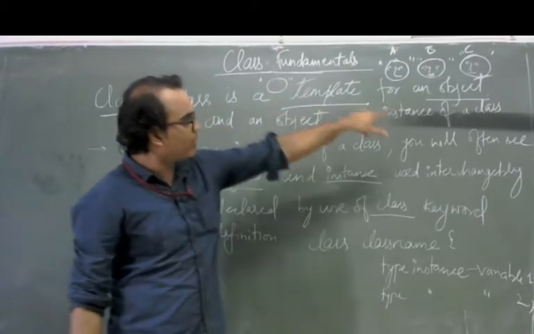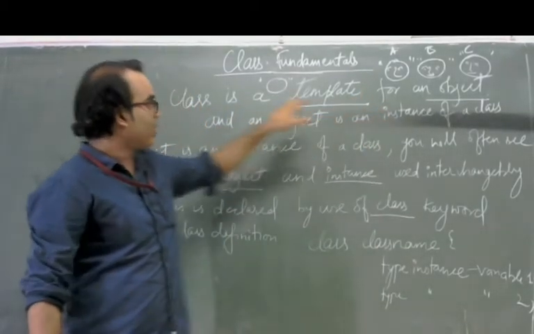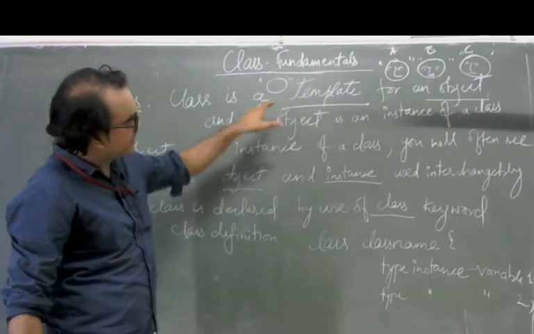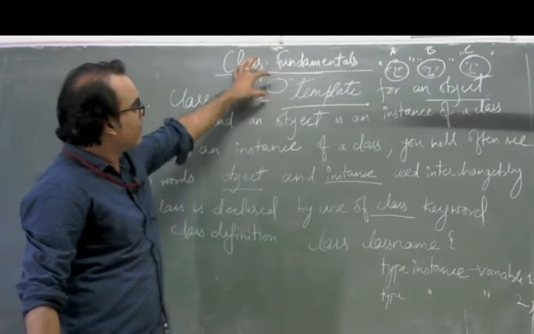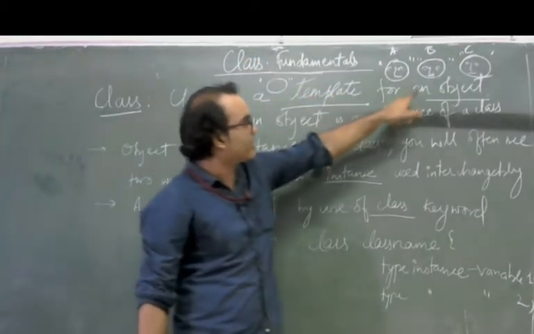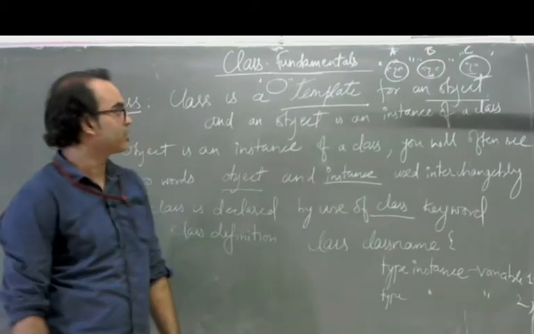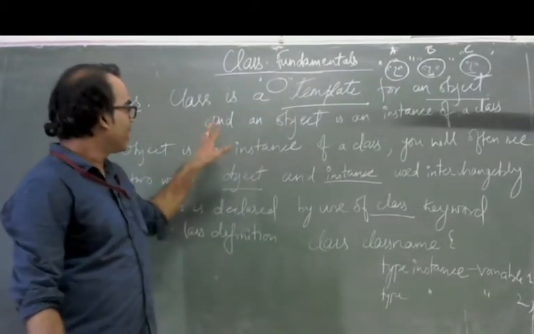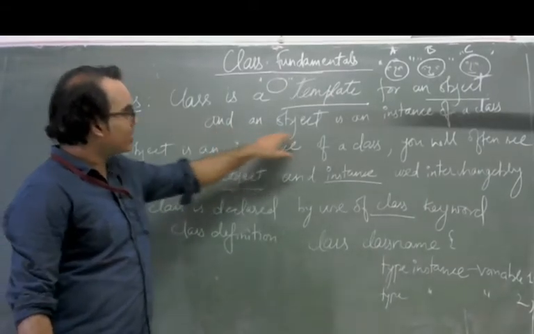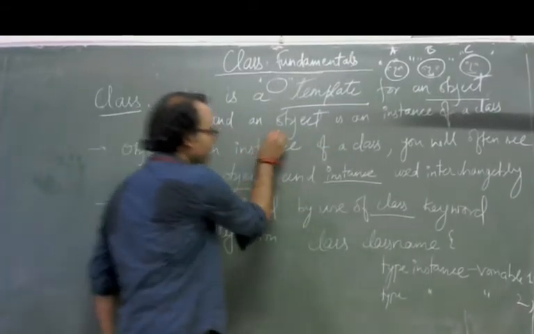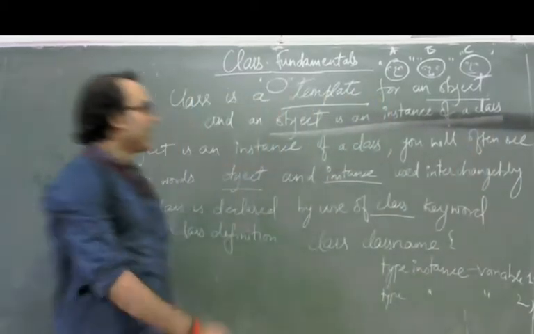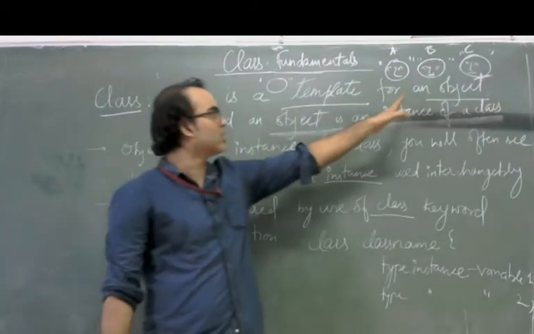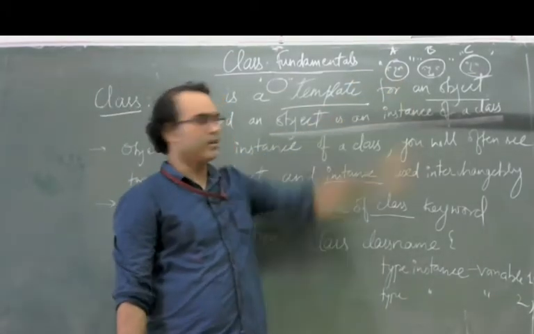So class is a template for an object. We are getting an example here: we have a circle as a template, and within the circle we draw three different faces of emotions, which you can say are like objects. Now, an object is an instance of a class, which is very much visible here.